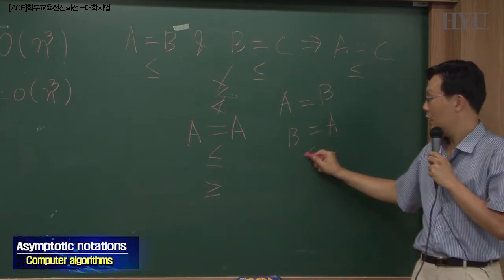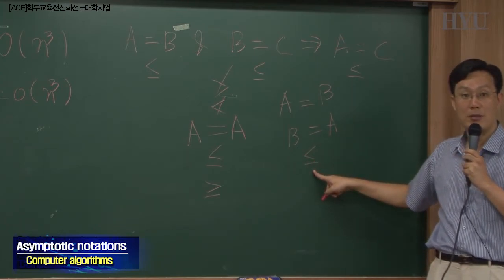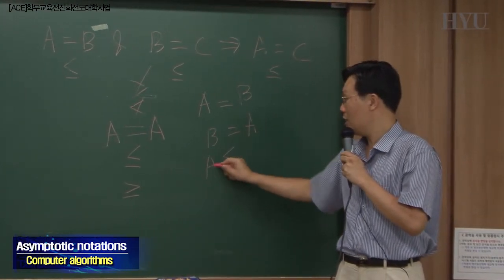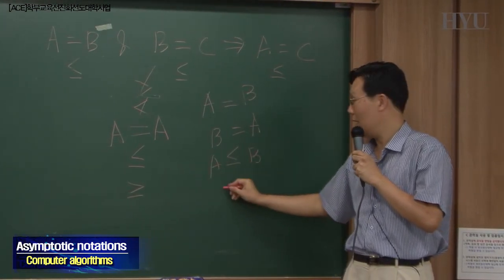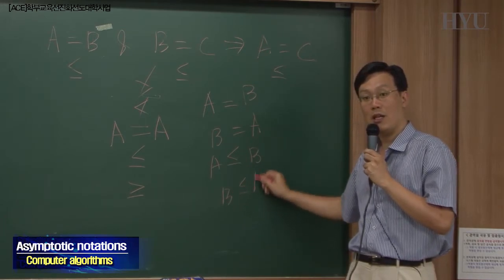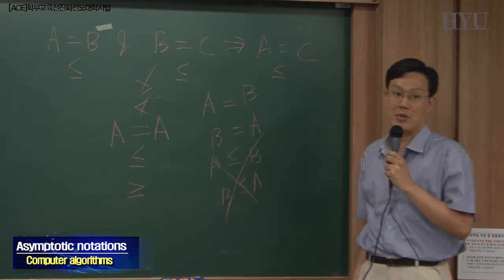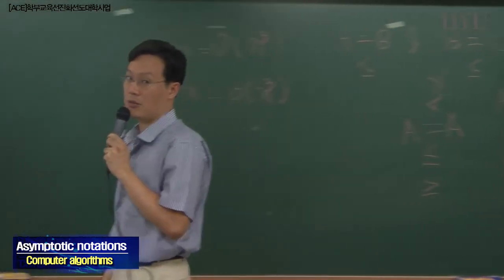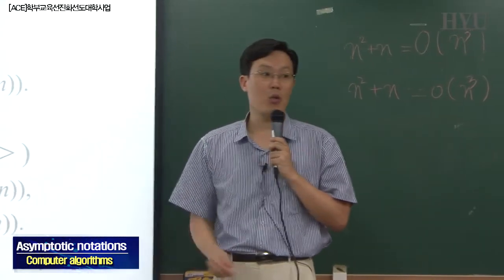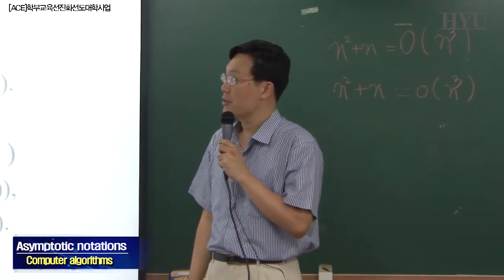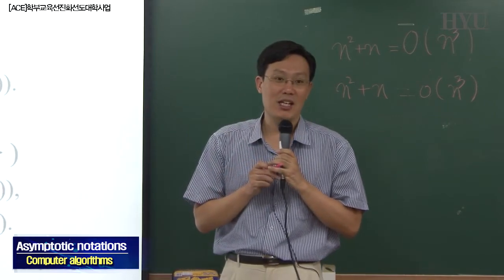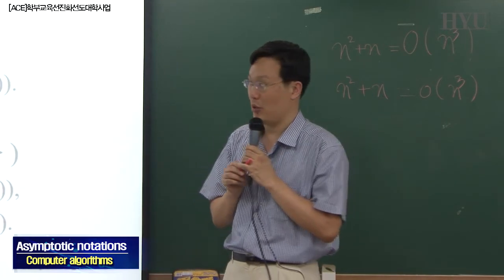Then, is this operator symmetric? If A is less than or equal to B, then B is less than or equal to A? No. So all the other operators aren't symmetric. So only equality is symmetric, and only theta notation is symmetric.